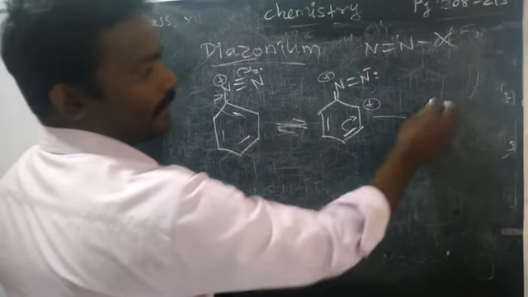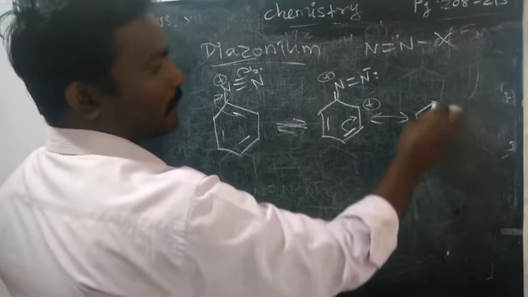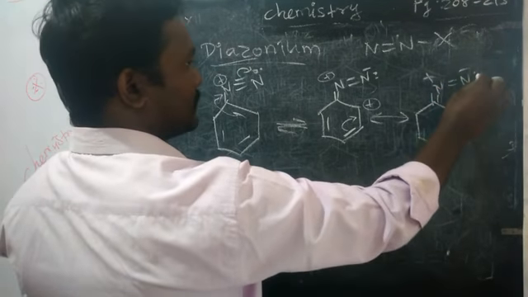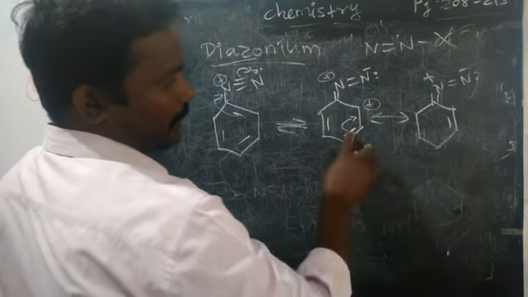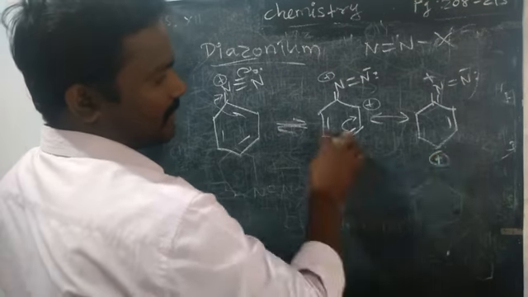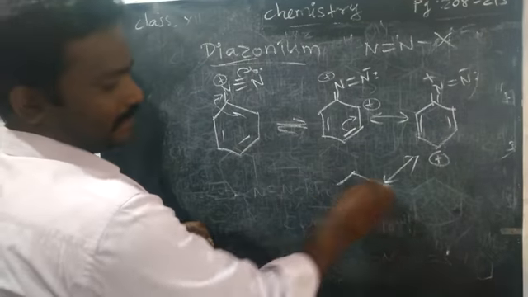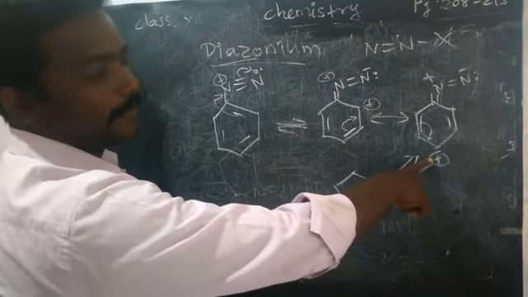Now the next step, here N plus double bond N minus is remaining the same, the double bond shifted, so positive charge on the existing double bond. Next, what will happen? This bond will migrate here to neutralize this positive charge.